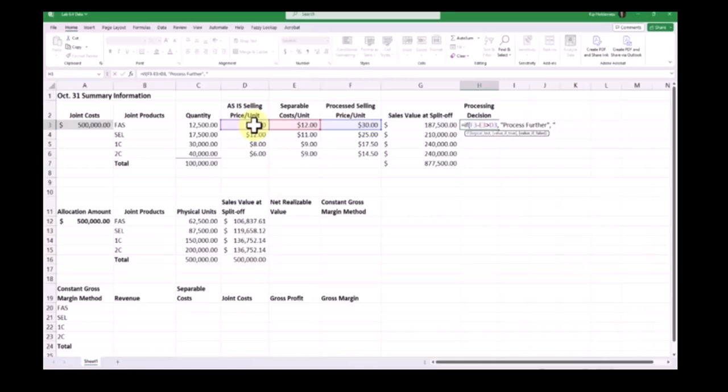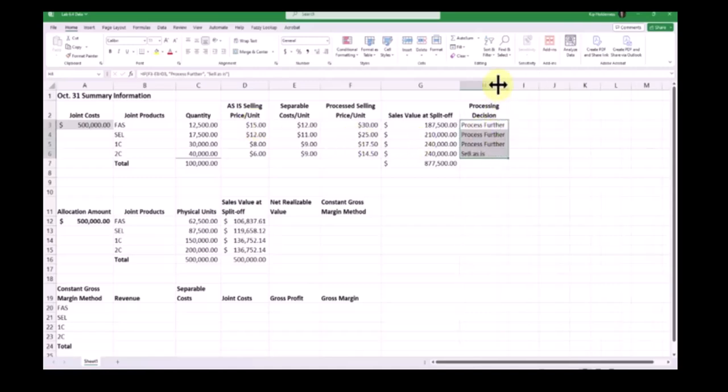If not, they'll simply sell it as is. Okay, let's copy that formula down. It looks like Heartwood will process our first 3 joint products further, but will sell 2C as is. Now let's label I2 net realizable value.